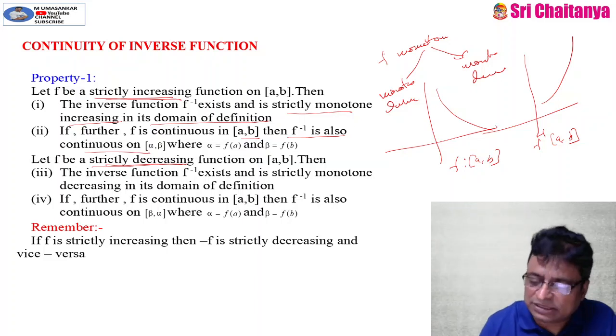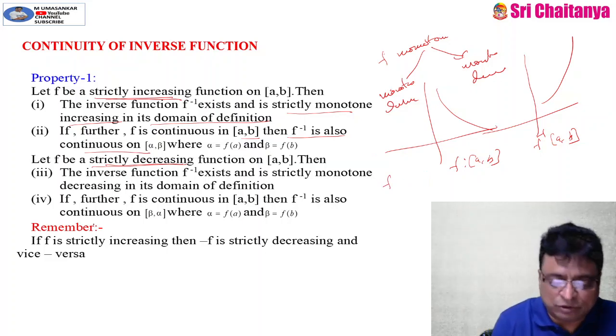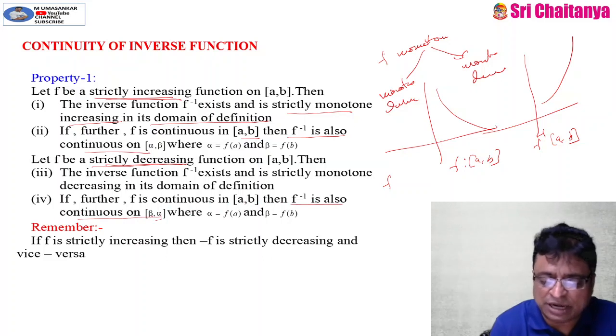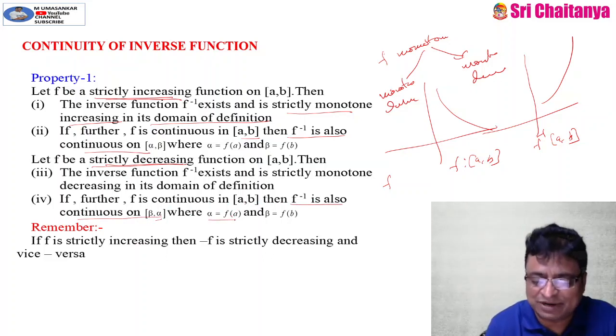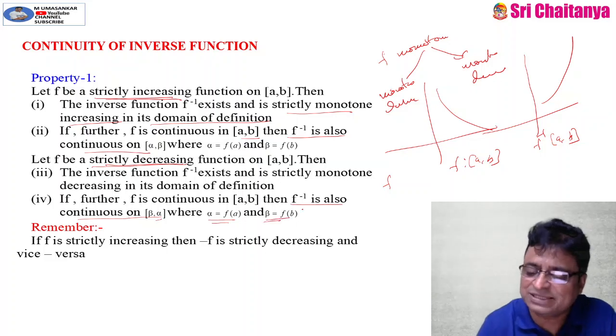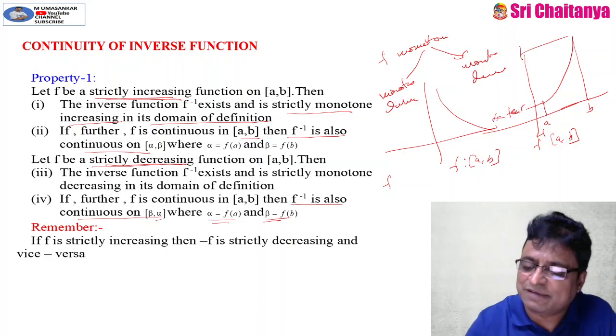And suppose f is a continuous function in closed interval [a, b], then f inverse is also a continuous function on closed interval [alpha, beta], where alpha is equal to f of a and beta is equal to f of b. Suppose it is a and it is b, and the corresponding value f of a is nothing but alpha, and the corresponding value f of b is nothing but beta.